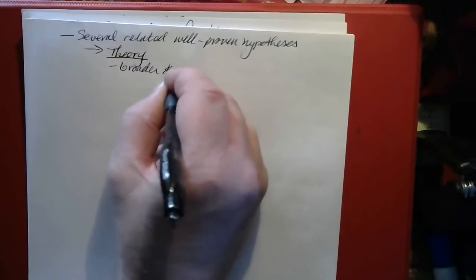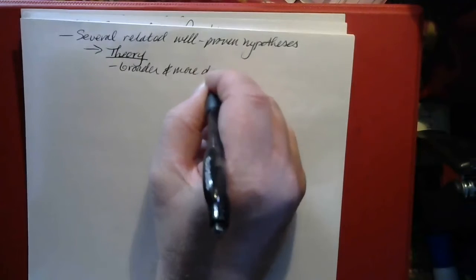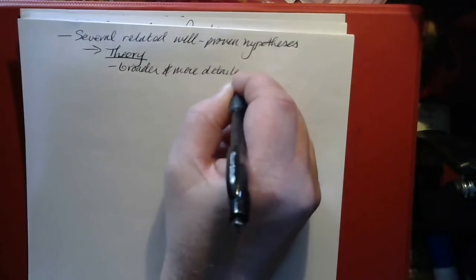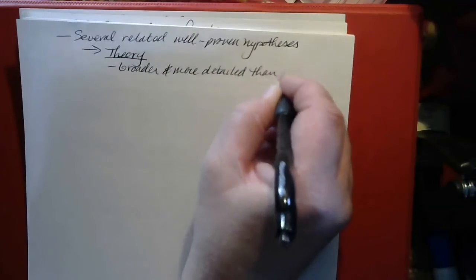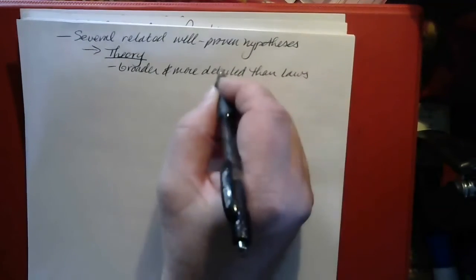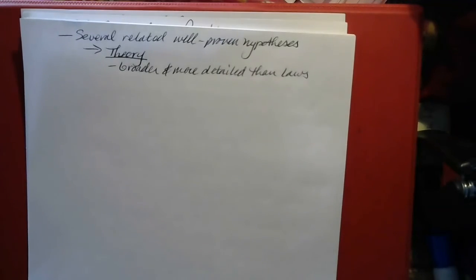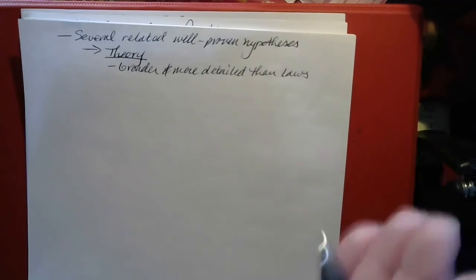Theories are generally broader and more elaborate than laws. Laws are usually pretty short and sweet, like the law of conservation of mass. You can say that really in just a few words.